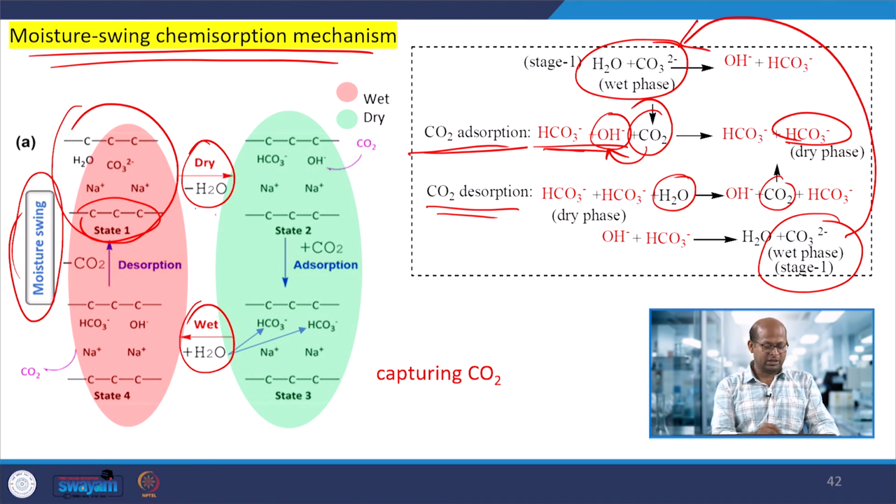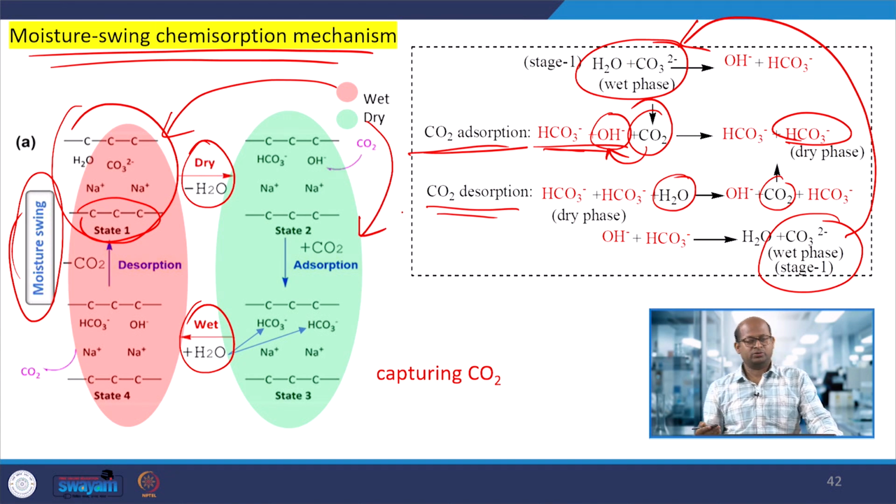Okay, so this is actually a cyclic process. By addition of moisture we can generate more surface hydroxyl groups that would help to capture more CO2, and when we need to remove that CO2 after capturing, to regenerate the CO2 and the material, then again we have to remove the water.